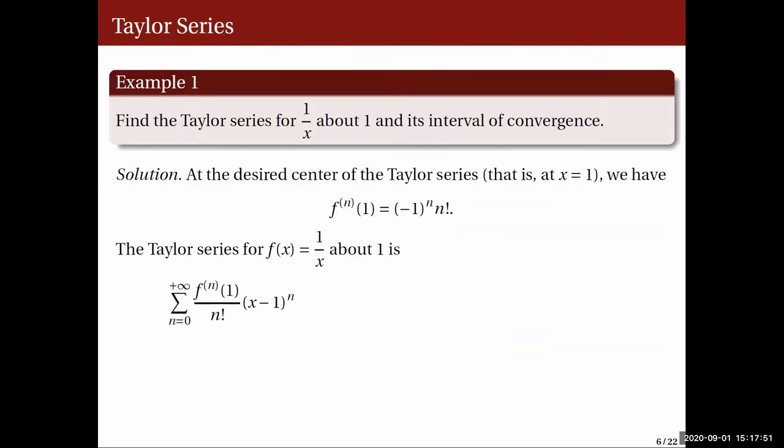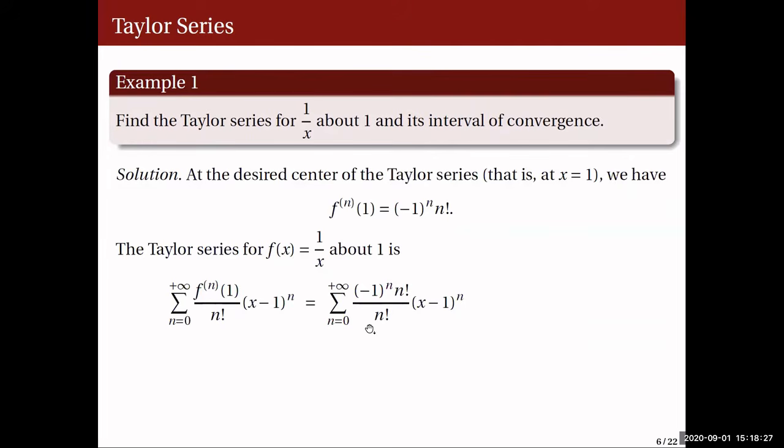And so the Taylor series for f of x about 1 is given by the summation from n equals 0 to positive infinity of f^(n) of 1 over n factorial times quantity x minus 1 to the n. Replacing f^(n) of 1 by this expression, we get the summation of negative 1 to the n times n factorial over n factorial times x minus 1 to the n.